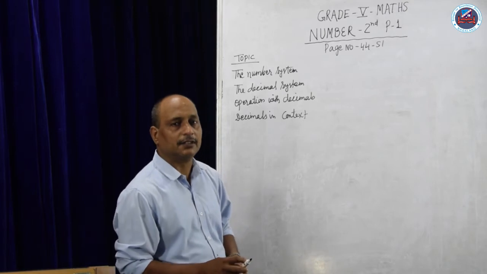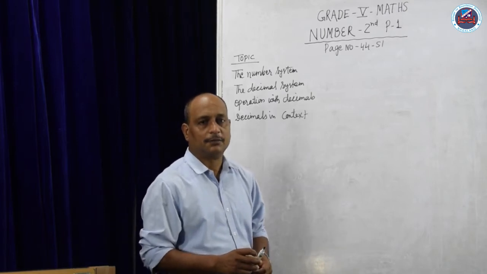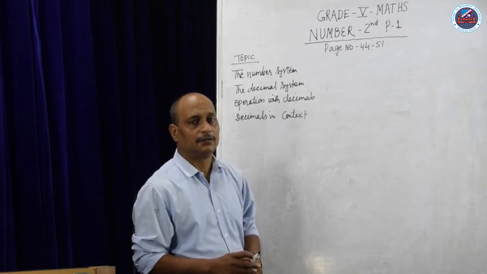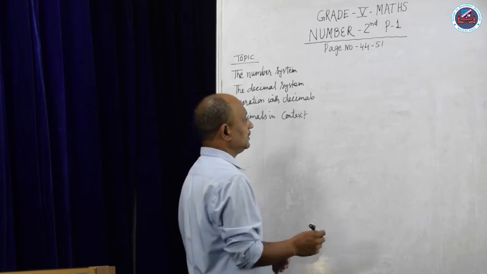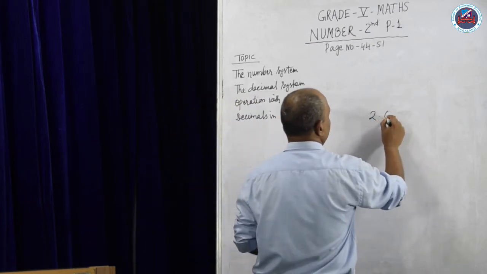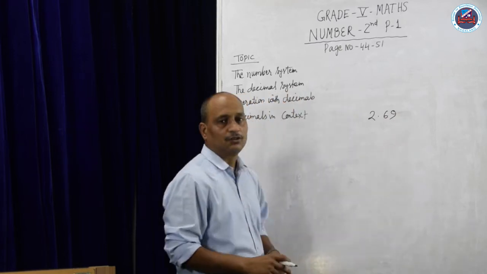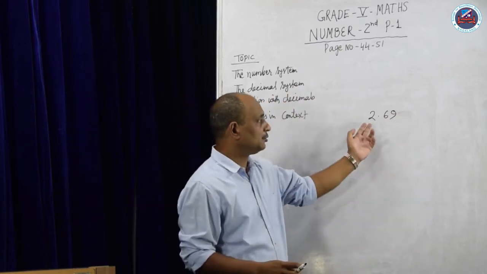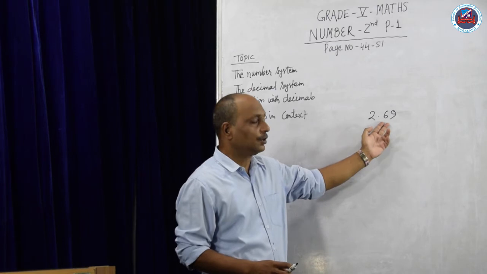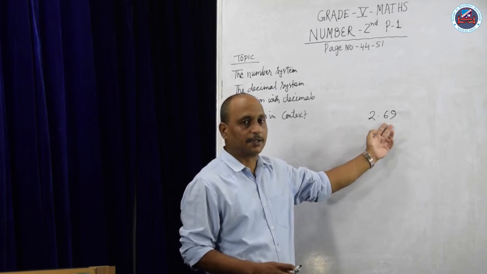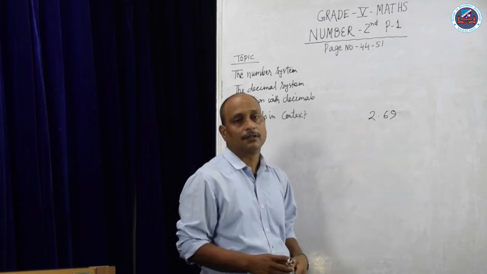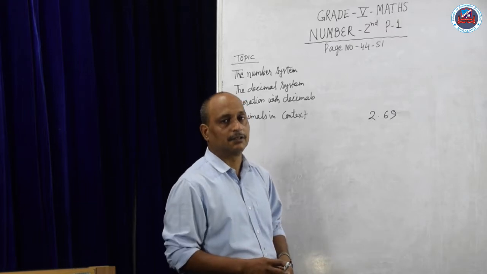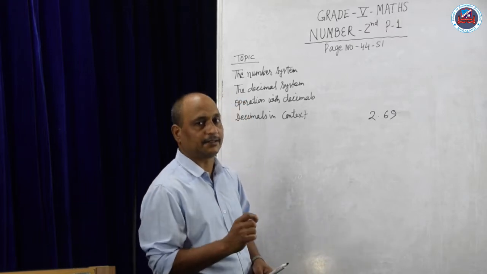We have done rounding in the previous number. Let us just take one number, 2.69. 2 is an integer, and 0.69, 69 is the decimal part. So let us round this number to the nearest tenth.